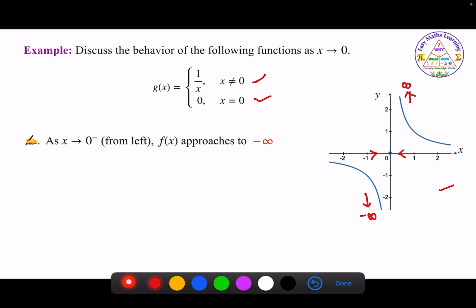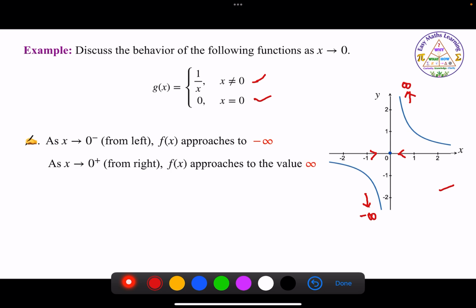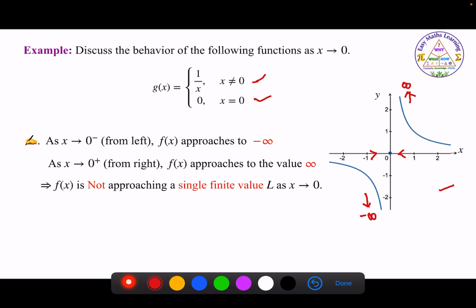So since the left hand and right hand limits approach plus infinity or minus infinity as x tends to 0, the function is not approaching a single finite value L. So we can say the function has no limit, that is, the limit does not exist for the given function.